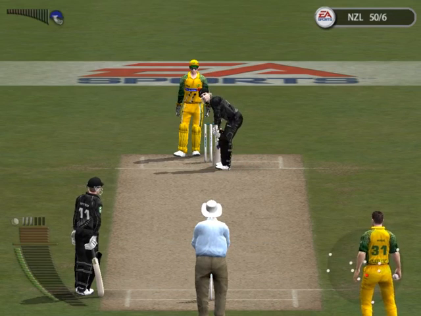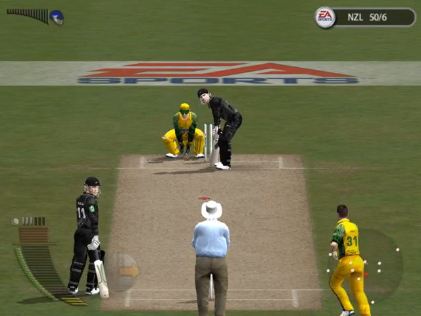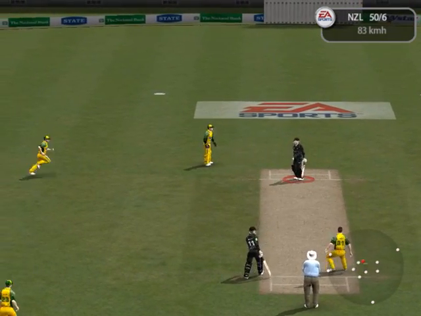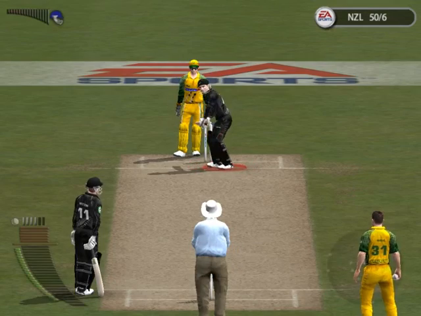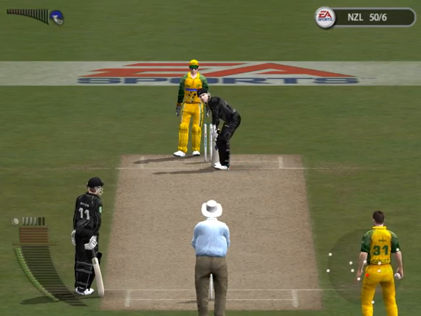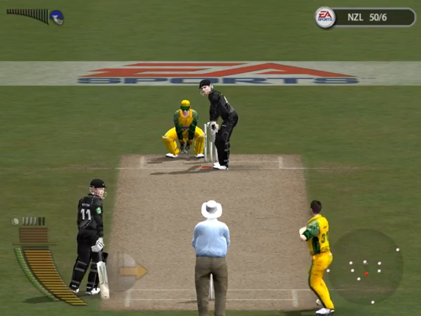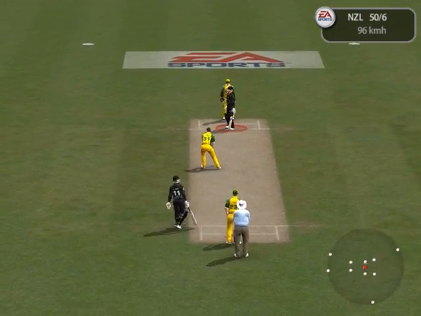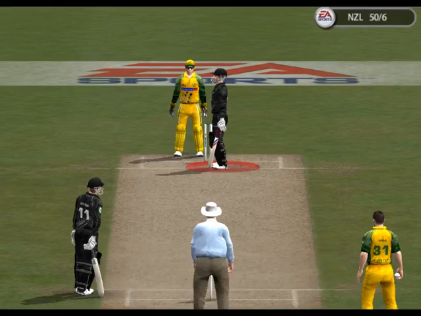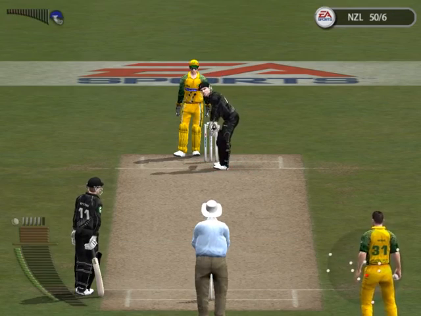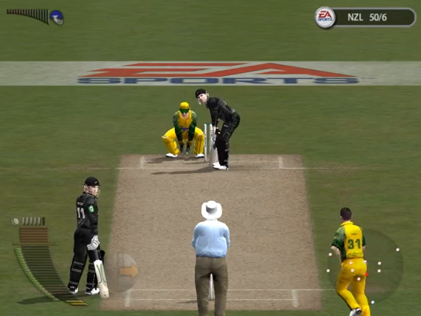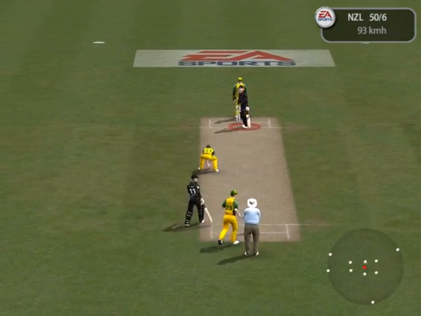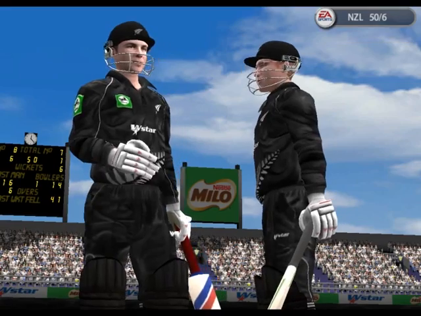Hogg to McCullum. McCullum waiting at the striker's end. McCullum facing. And the end of the over.